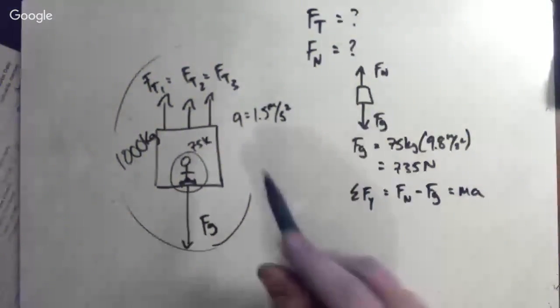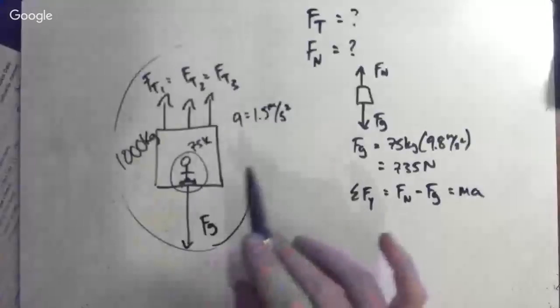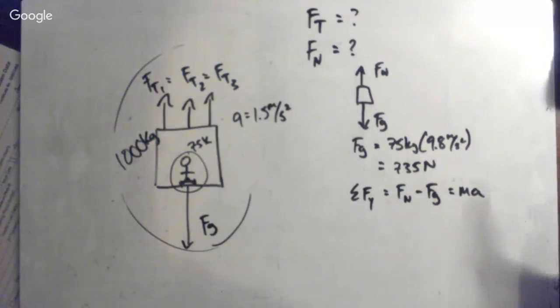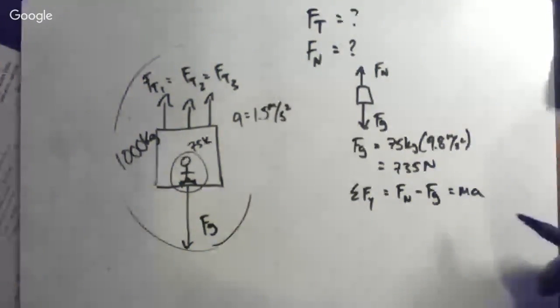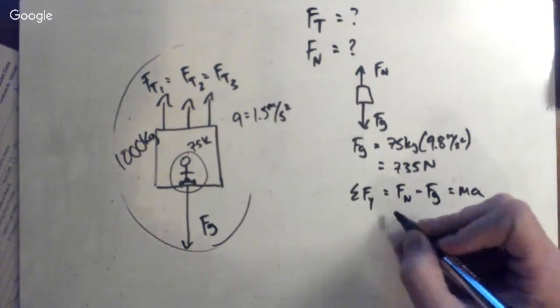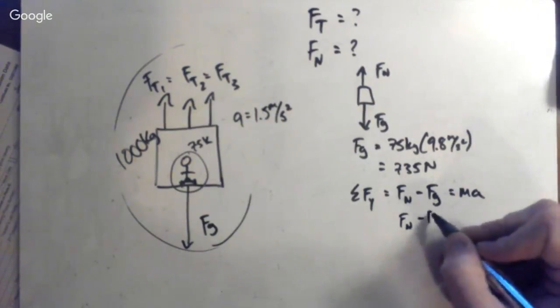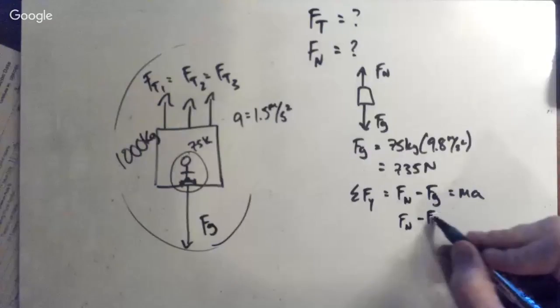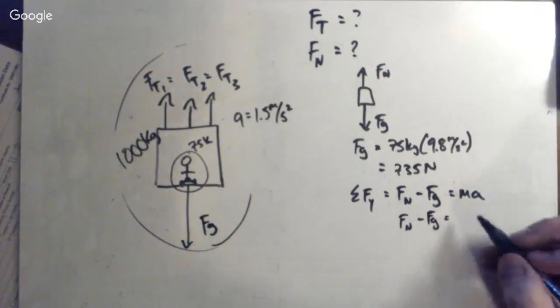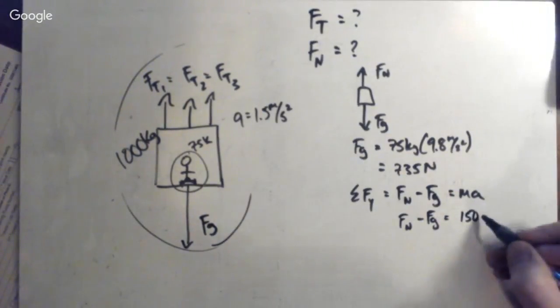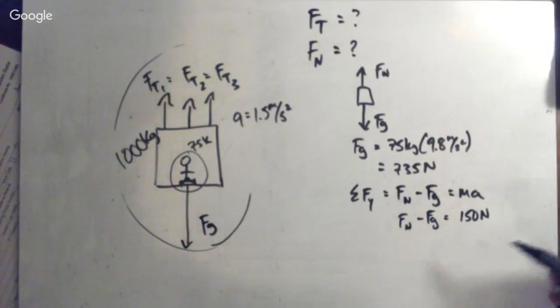The problem said that the elevator is accelerating upwards at 1.5 meters per second squared, which necessarily means that the person inside the elevator is also accelerating at that rate. So we can use 1.5 for this one as well. So we have Fn minus Fg equals 75 times 2, or 150 newtons. That's how unbalanced these two things are.